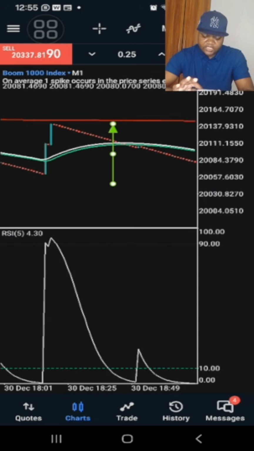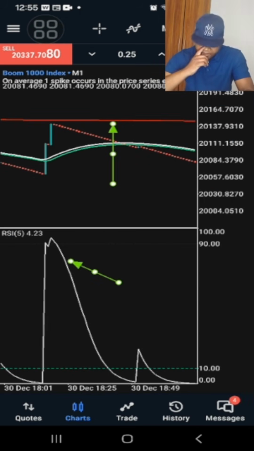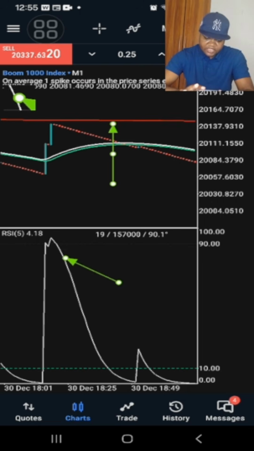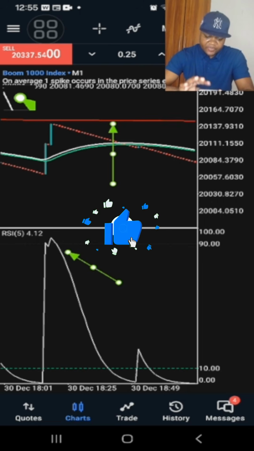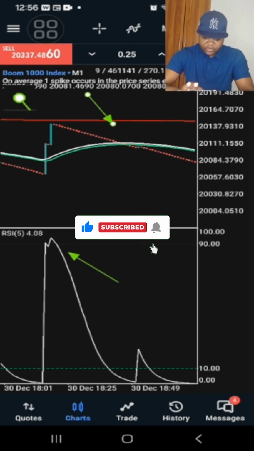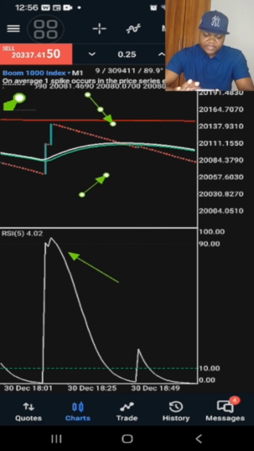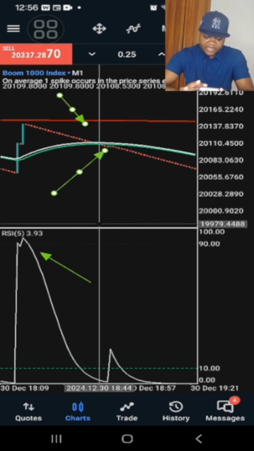The second condition, we are going to wait for price to go into the overbought region, which is the 90. When price crosses below the 90 here, that's the second condition. We're going to wait for the candles to cross below this line and white line. When that happens, you then take your sell at this particular level here.